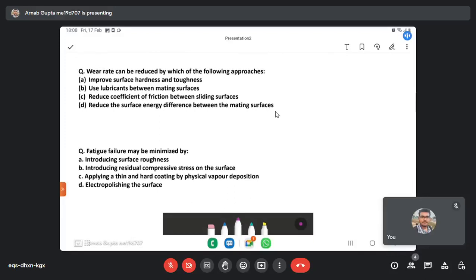Improve surface hardness and toughness, use lubricants between mating surfaces, reduce coefficient of friction between the sliding surfaces, reduce the surface energy difference between the mating surfaces. So what would be the correct option here?